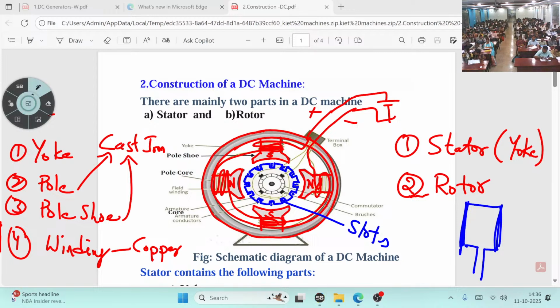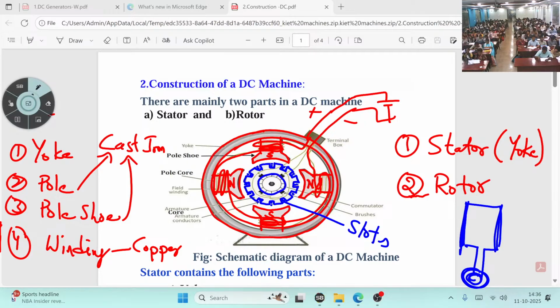Here we connect the commutator. Where is it available now? In the front view, this is the commutator.